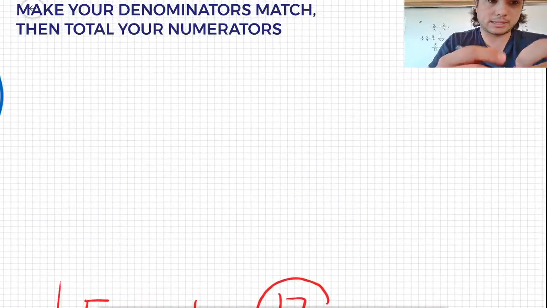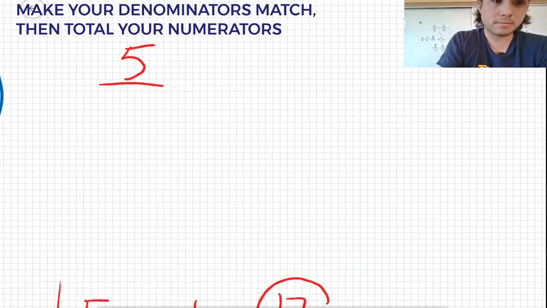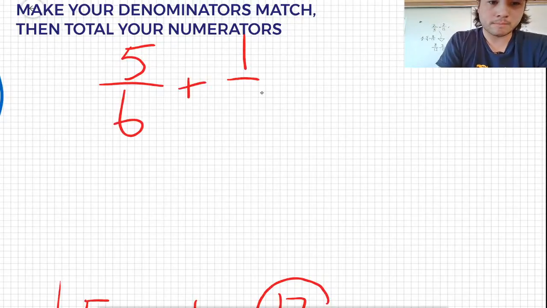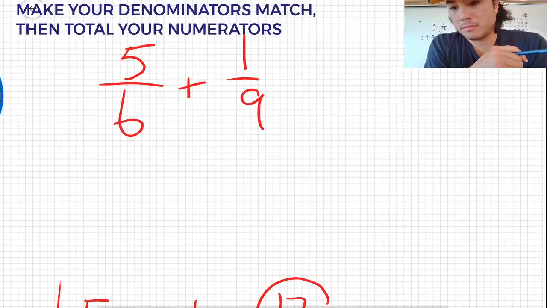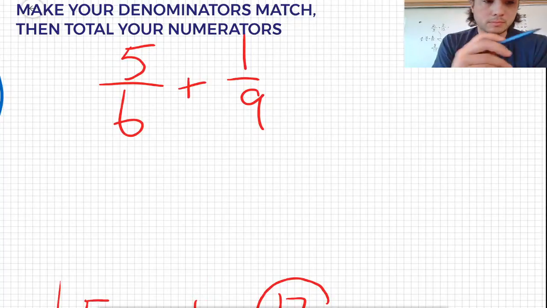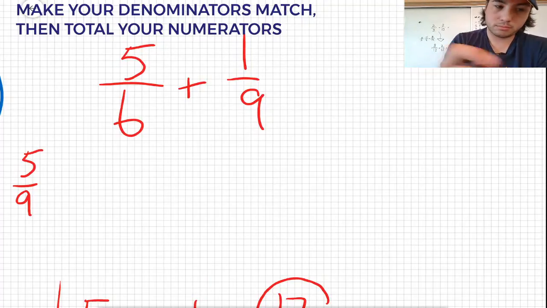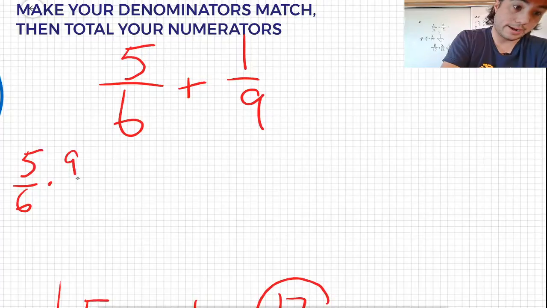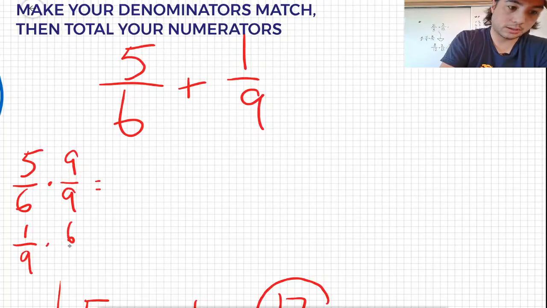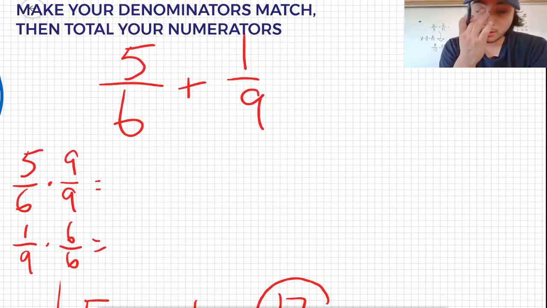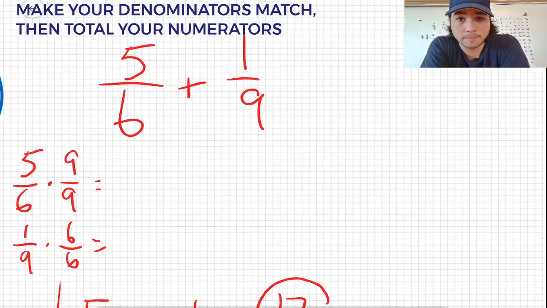So if I have 5/6 plus 1/9, you can always do 5/6 times 9/9 and 1/9 times 6/6. Okay, if you multiply two numbers by each other, that number will always be a multiple of both.